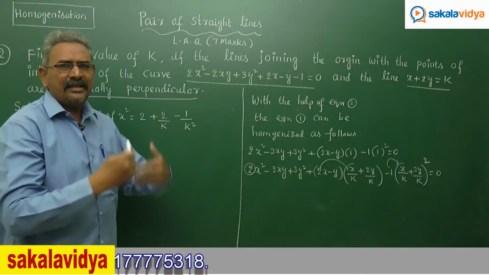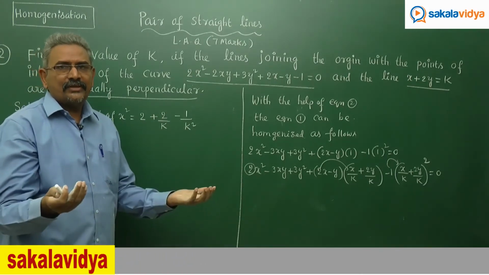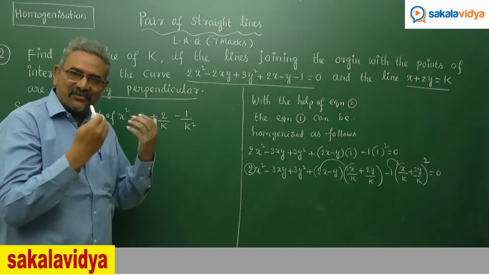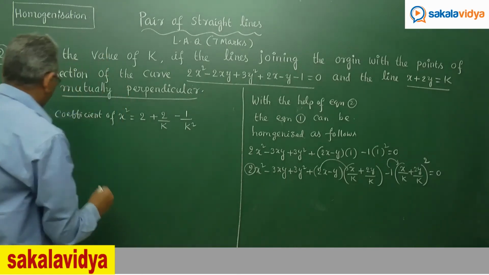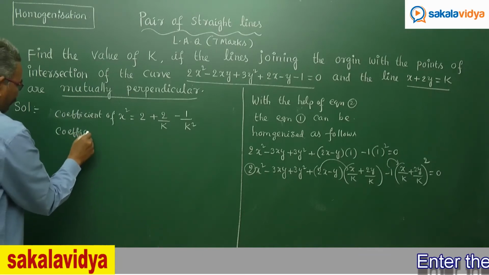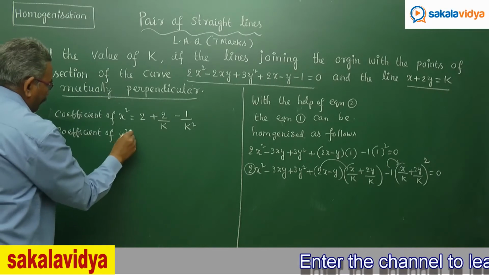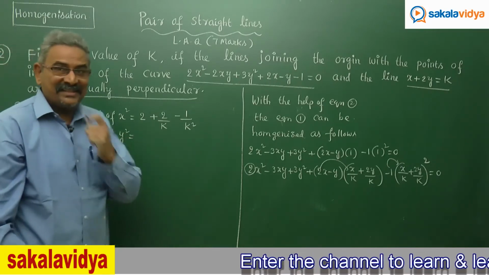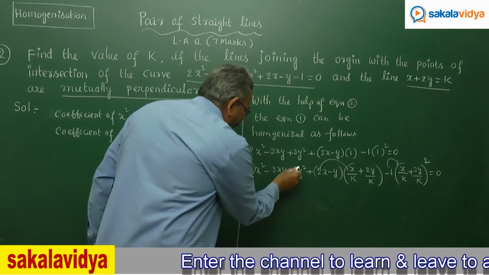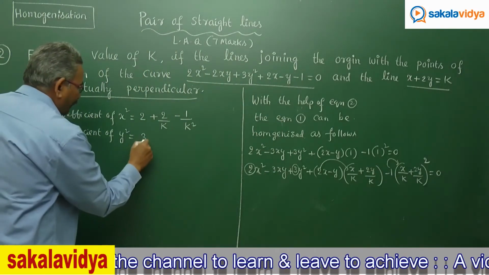So in a similar manner, let us find out the y square coefficient. Can't we find out the y square coefficient? Why not? We can find out. So now the coefficient of y square, you might have expected, isn't it? 3, okay. First write down 3.